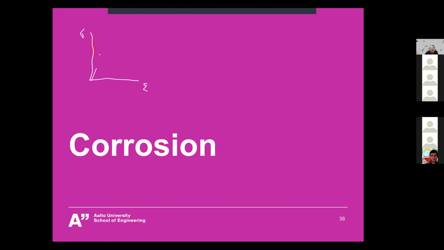For cleavage fracture, it happens suddenly like this. And then we talked about ductile fracture. It can also be visualized by such a diagram: stress, strain, and then you have deformation, elasticity, plasticity, and finally fracture.